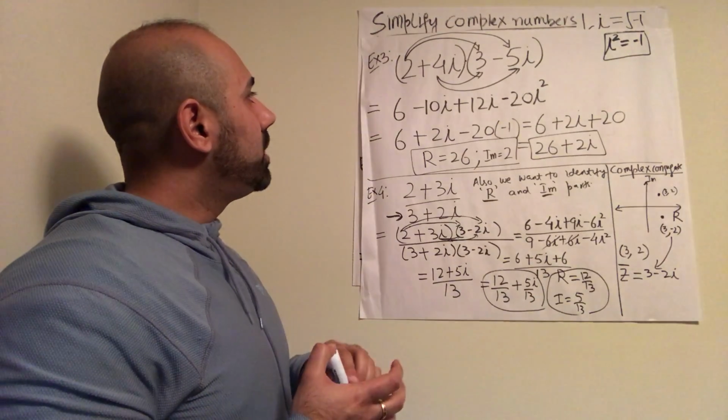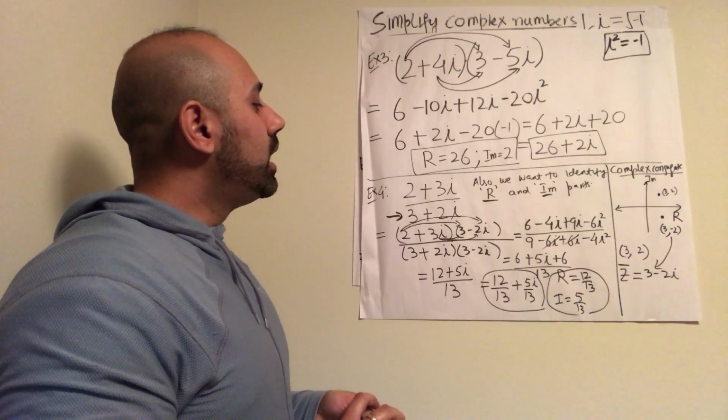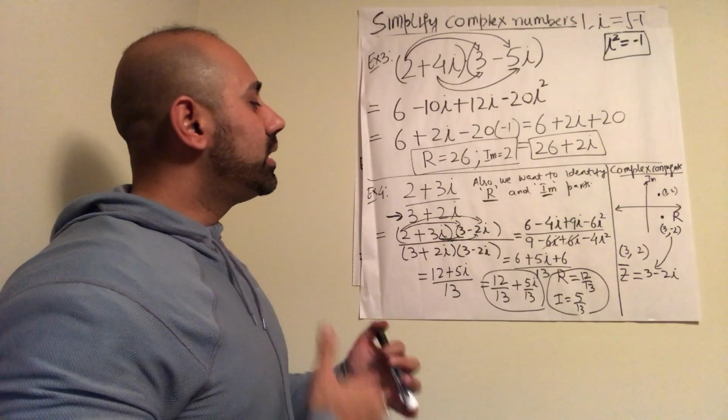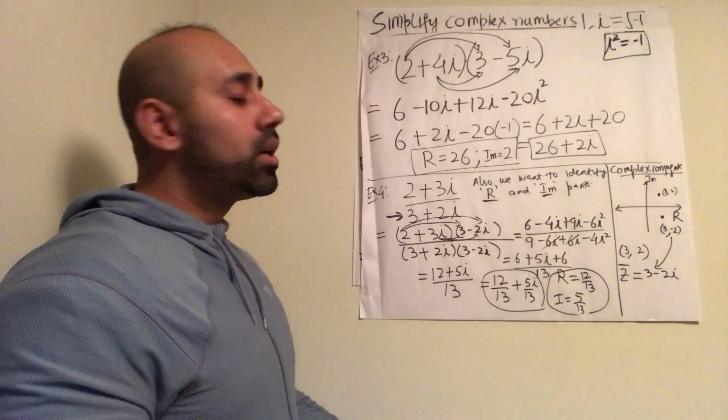In the next video I'll be talking about how we find the absolute values, how we simplify other different types of complex numbers, and how we solve equations which have complex solutions.